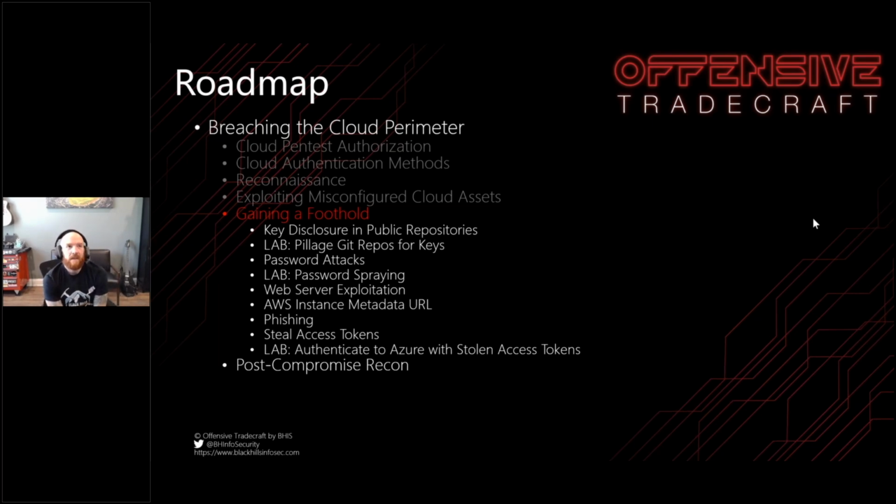I mean, AWS has services. Azure has services to help prevent things like password spraying. So what we're about to get into, actually it's coming up very soon, is password attacks and password spraying. And one of the things that I'll talk about is smart lockout policies, which smart lockout is a service that Azure offers for that specific thing, right?